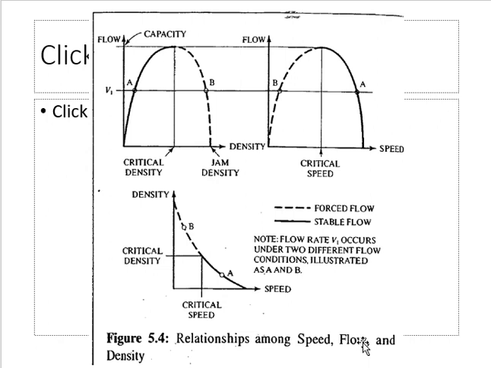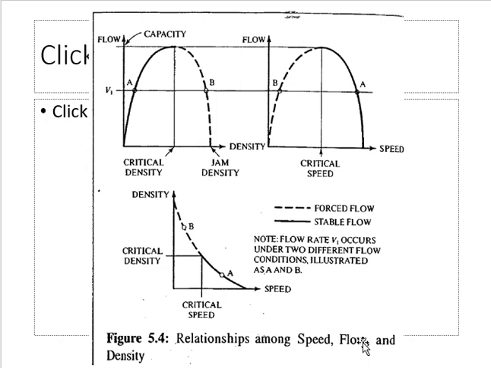So density increases even after capacity, but that doesn't mean the flow will increase, because the flow has already reached the capacity. So this extra density is now slowing down everybody. It's creating a queue. And this queue is decreasing the flow. Okay, got it? Clear?